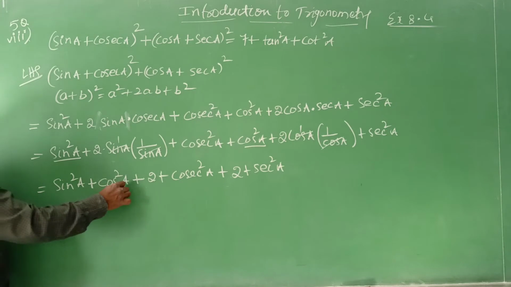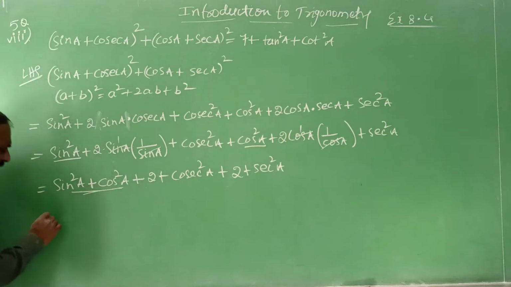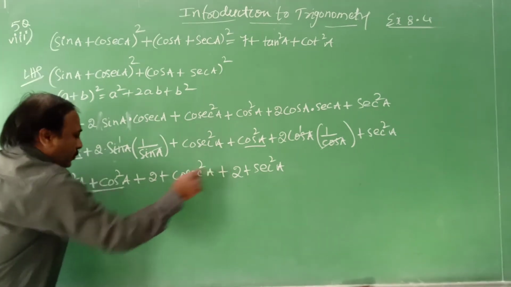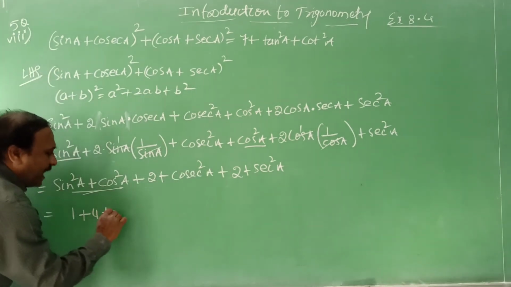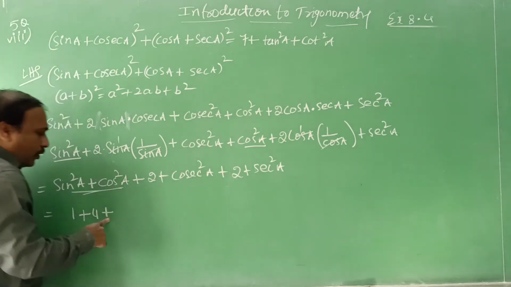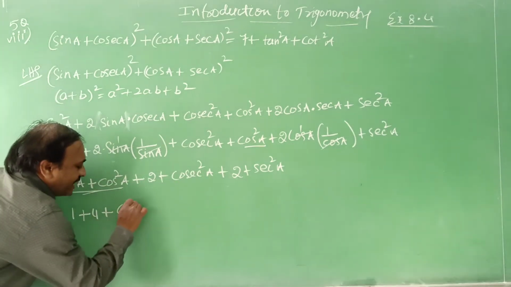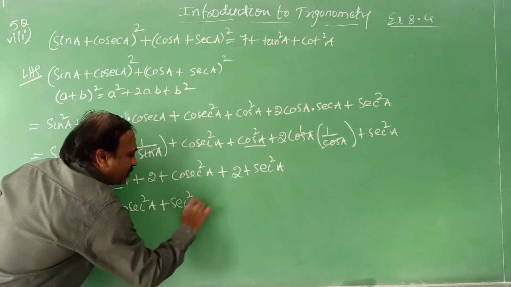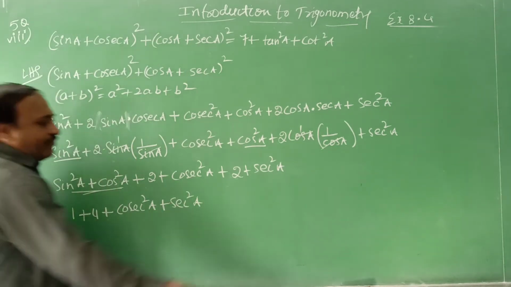Sin square A plus cos square A, this part equals 1. This part equals 1 plus 2 plus 2, 4, plus cosecant square A plus secant square A.